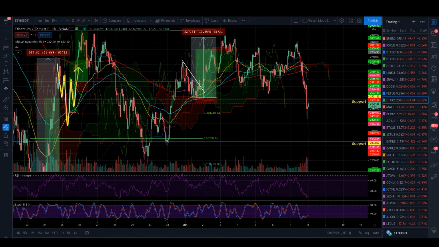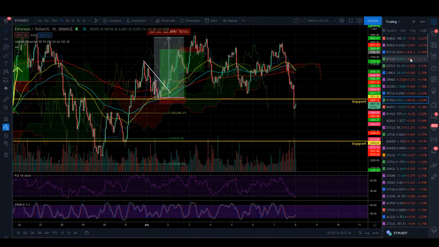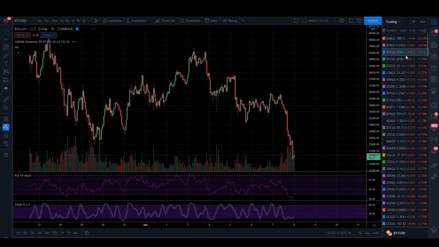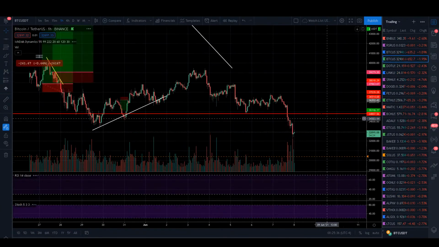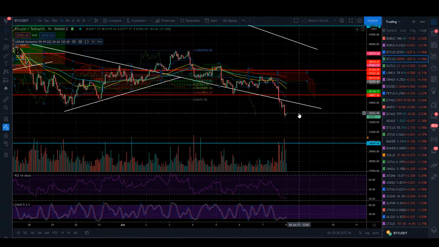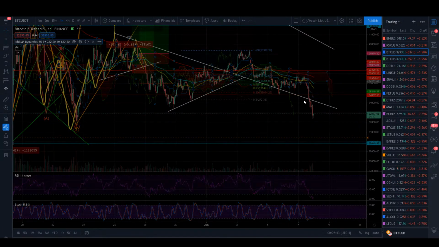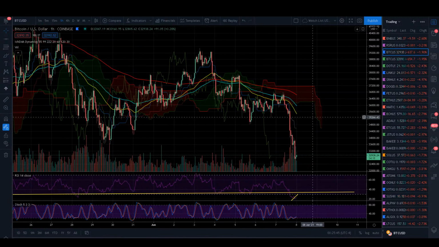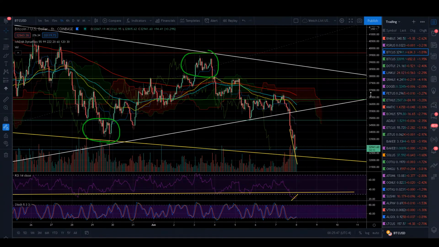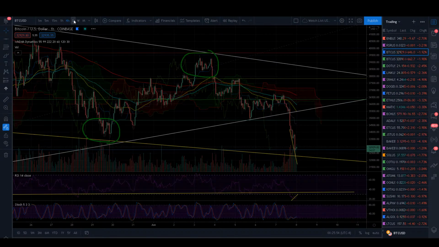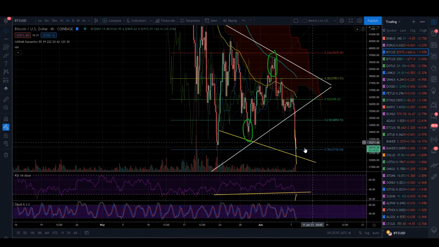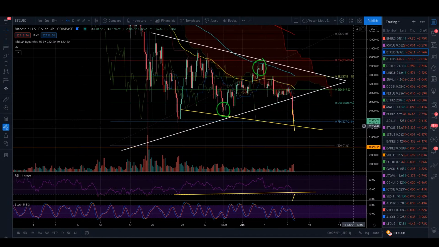Pull the trigger. I wanted to make a move on Ethereum too, although I think BTC might be a good bet. Again, right at the 786.